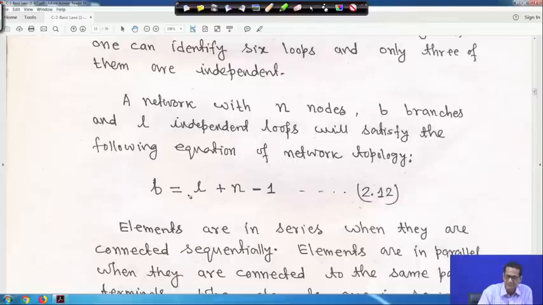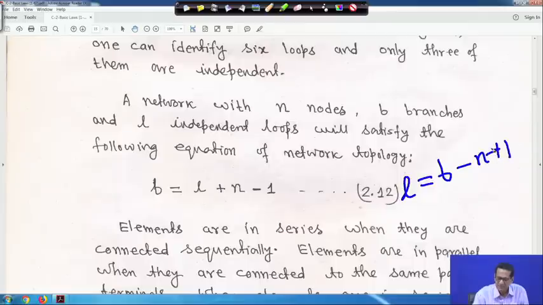That means other way, if I write, L, that is the independent loops, is equal to B minus n plus 1, from this equation only.